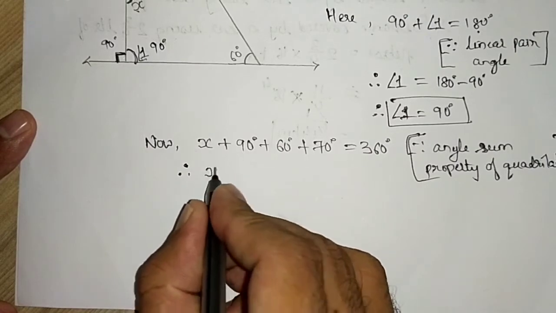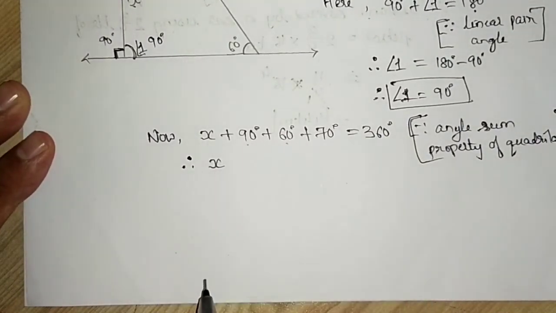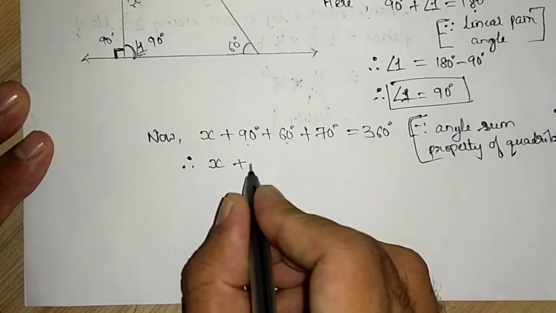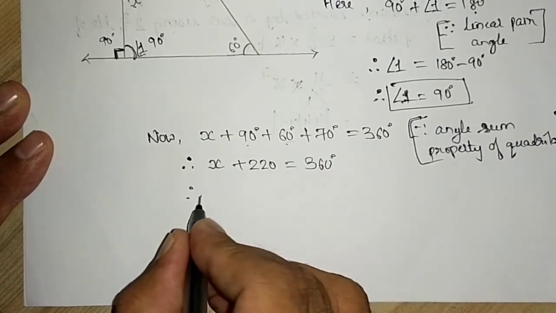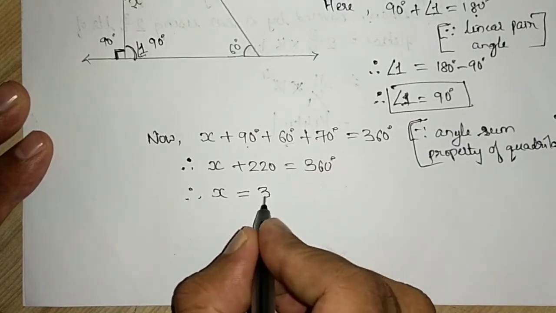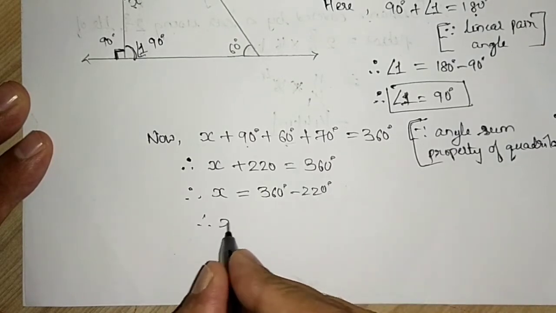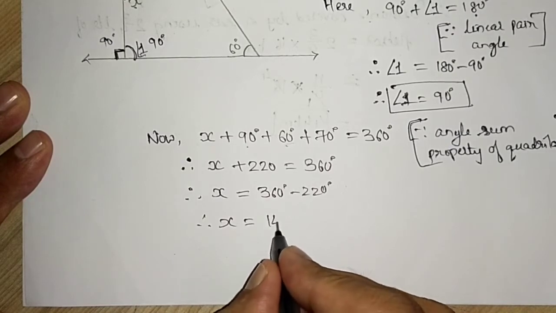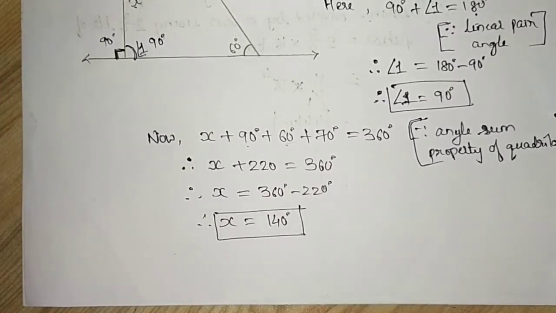Therefore, x plus 90 plus 60 is 150, 150 plus 70 is 220. 220, if I take to that side, it will subtract from 360. Therefore, our x will be 140 degrees. So we have solved part A and part B.